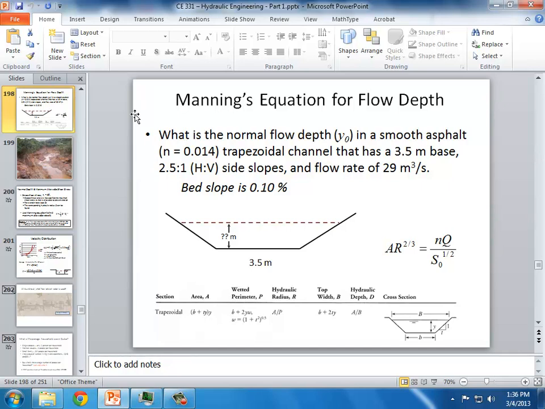Okay, so Q is equal to, we put in some parentheses here. Okay, it is going to be B plus T times Y. And that's times Y. And that is to the 5/3 power.